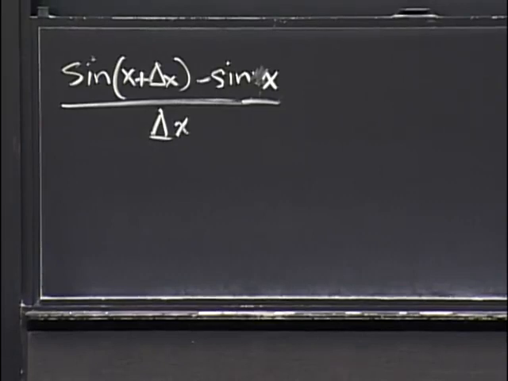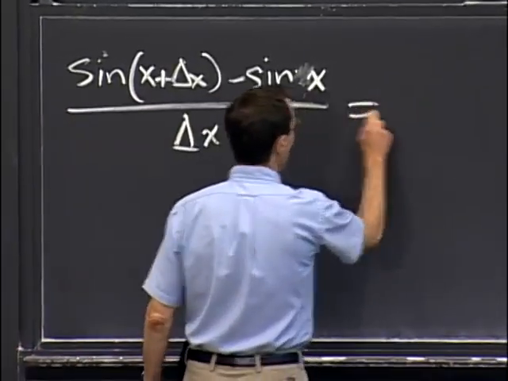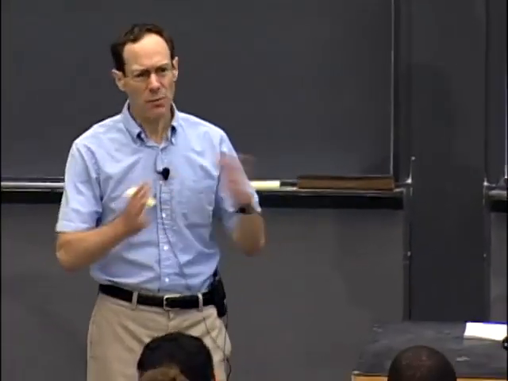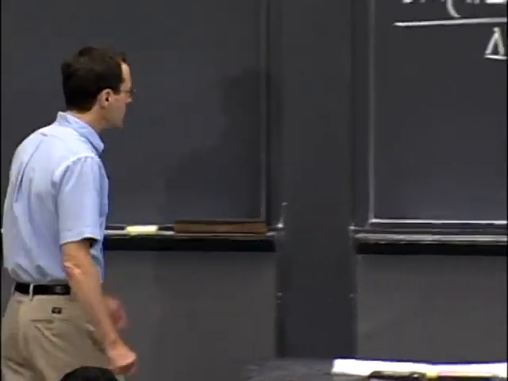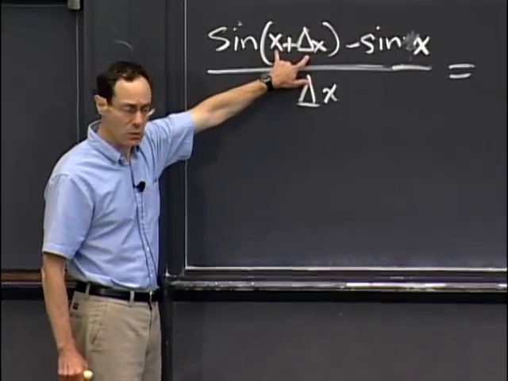All right, so this is the difference quotient. And eventually, I'm going to have to take the limit as delta x goes to 0. And there's really only one thing we can do with this to simplify it or change it, and that is to use the sum formula for the sine function.